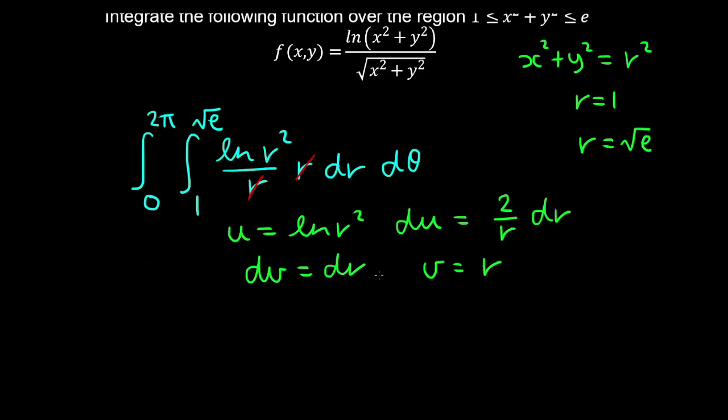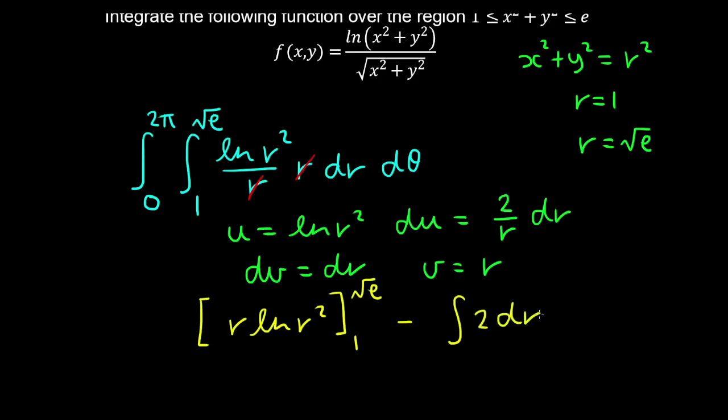So we have u multiplied by v, evaluated at 1 and root e, minus the integral of v du, which is 2 dr. And that's integrated from 1 to root e.